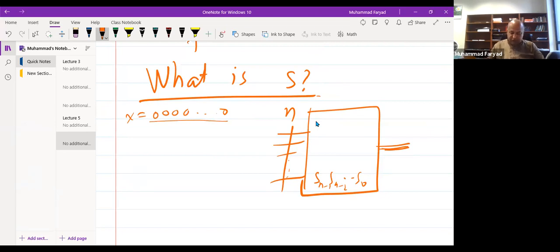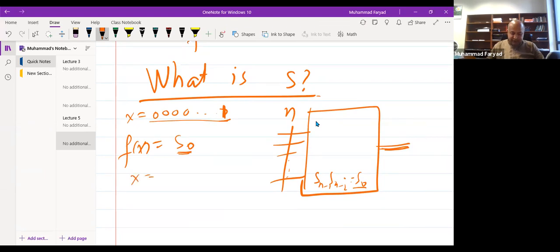You don't even need to start with 0, because this result would definitely be 0. You start with 00...01, and then f of x would be nothing but s0, because s0 into 1 will give me s0, and all other bits will multiply with 0. So from the output, I will be able to see what s0 is.